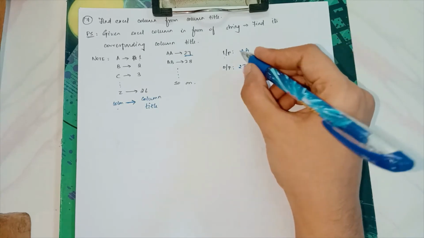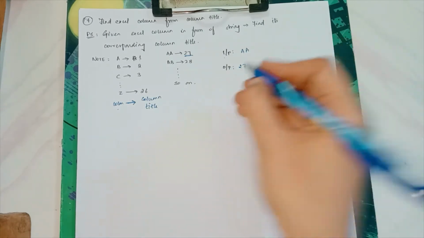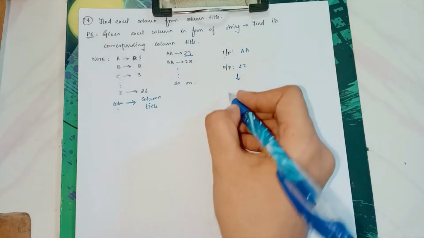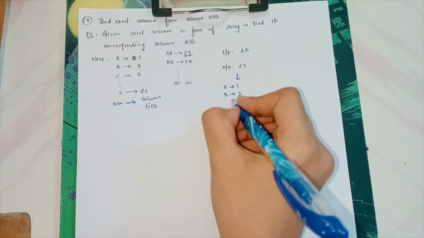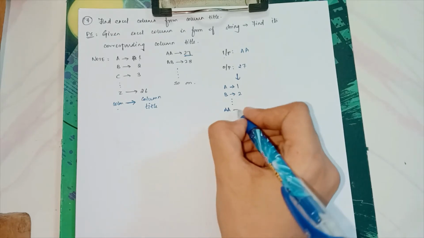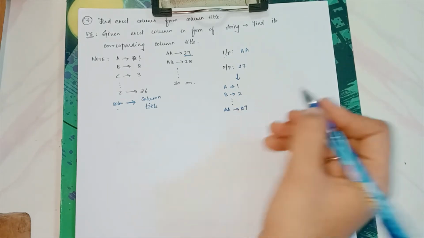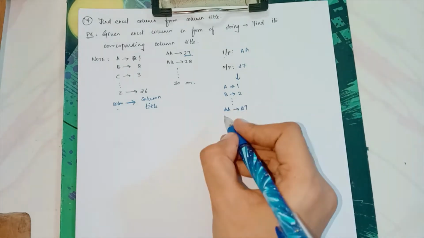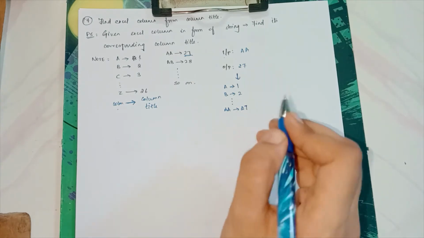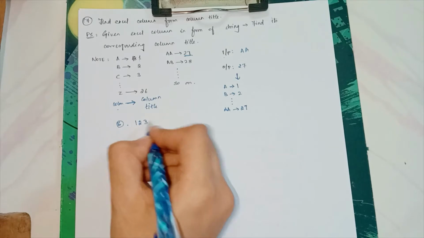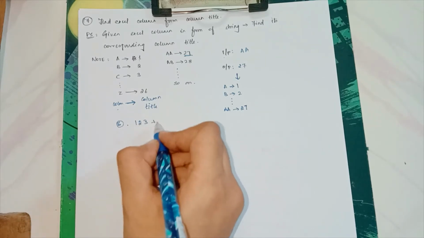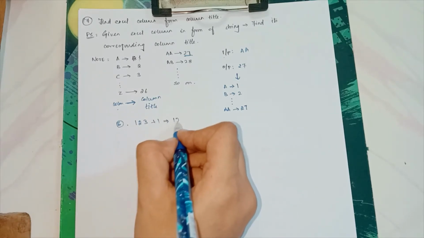So how did you get this? How can I find this out? They have told us that A is 1, B is 2 and so on, so AA is 27. This question is very similar to the 6th question we had already studied, wherein you are given a number like 123 and you're supposed to add 1 to it and it's going to be 124.